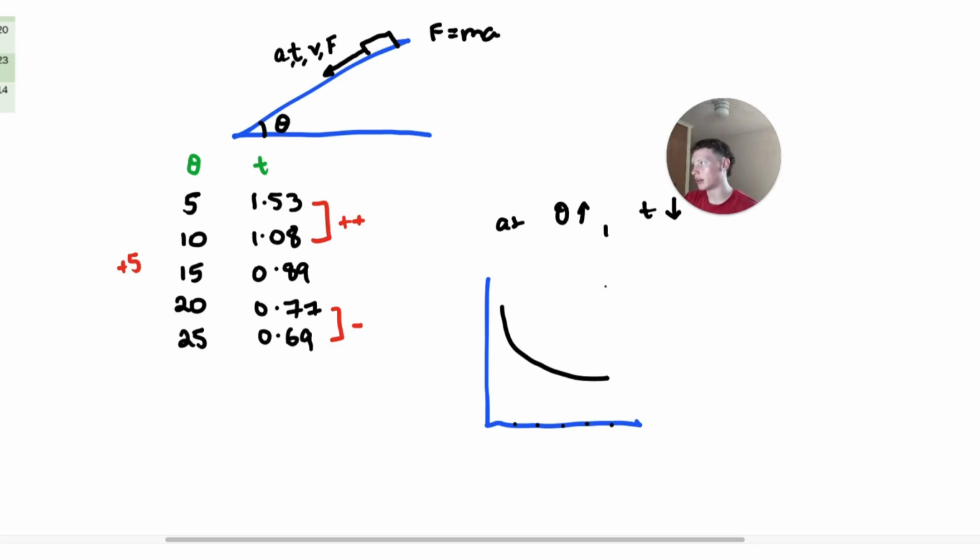Something you can talk about here is you could divide the two and see what the difference is, because sometimes you'll find that as one doubles, the other halves. That's not really what's happening here. I think it's more of a sinusoidal, parabolic, or even logarithmic looking relationship.